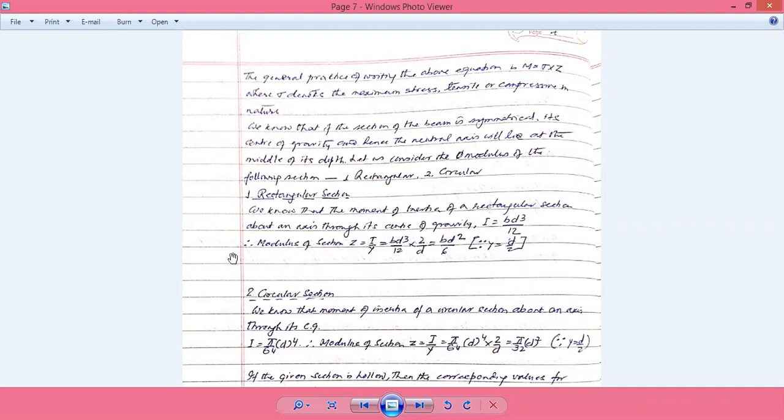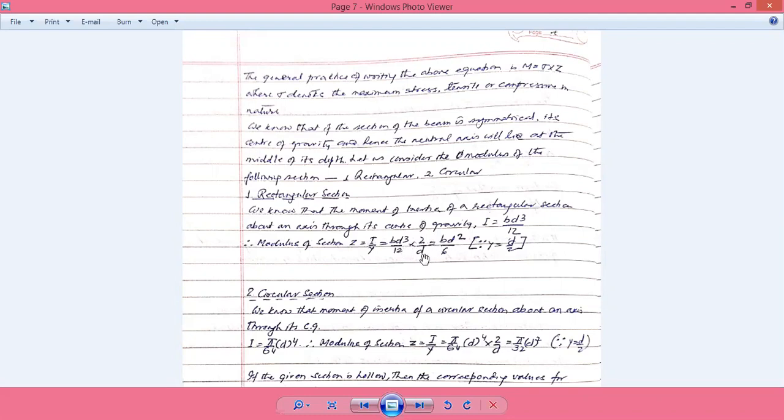So the section modulus Z is equal to I divided by Y, which is equal to B D cubed divided by 12, multiplied by 2 by D, where D by 2 is the distance of the central axis from the extreme fiber.